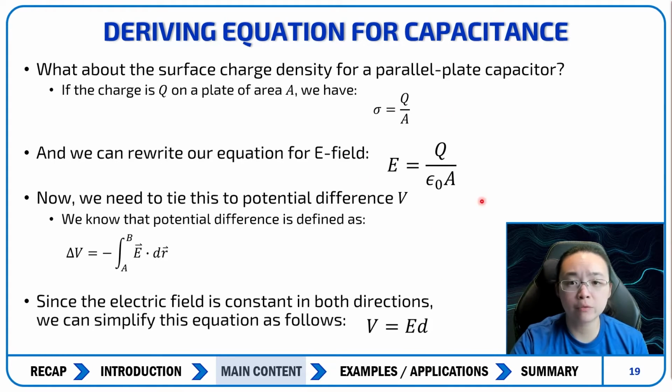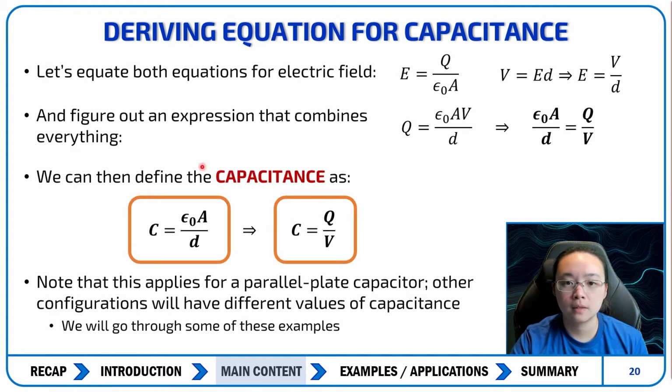So we have an equation for E and we have an equation for V. So we can try and manipulate these two equations to see if we can come up with a new one. We can rearrange V equals ED to E equals V over D, and now we can equate the two sides.